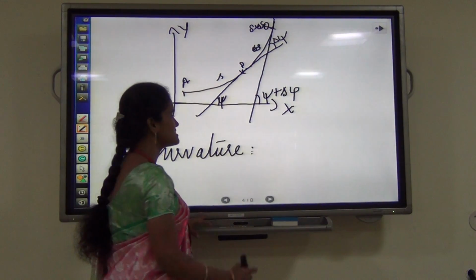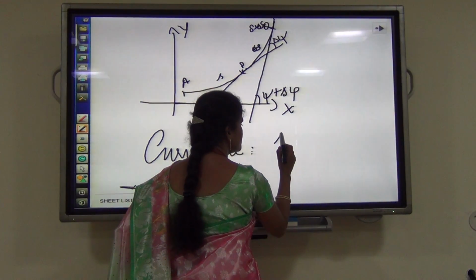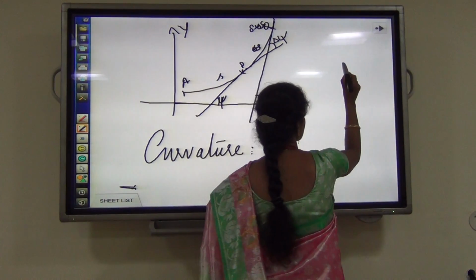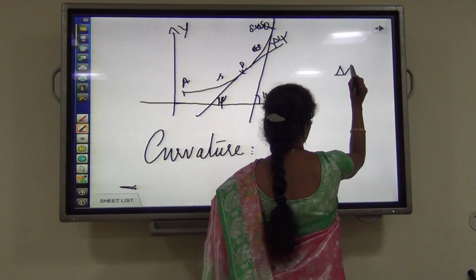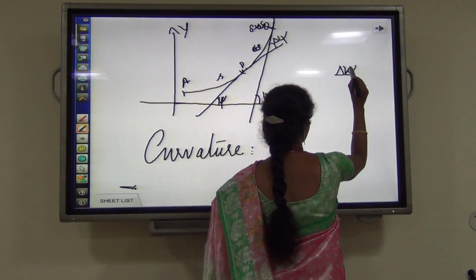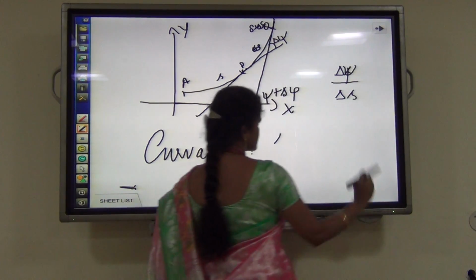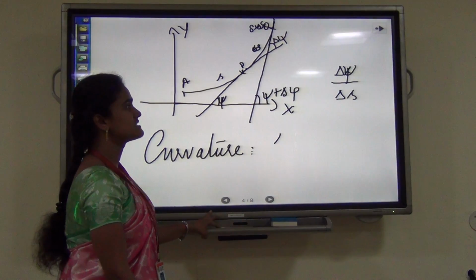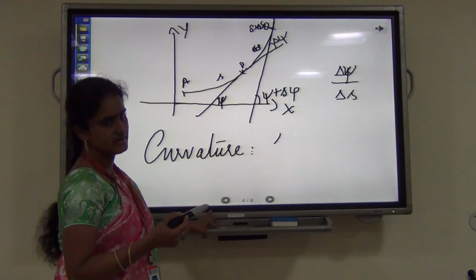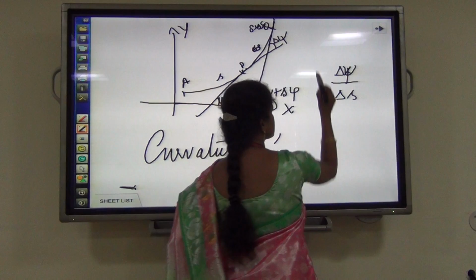So how do we measure that? The rate of change of the angle with respect to its arc distance. How do we represent that? It is delta psi by delta s. What is this delta psi?